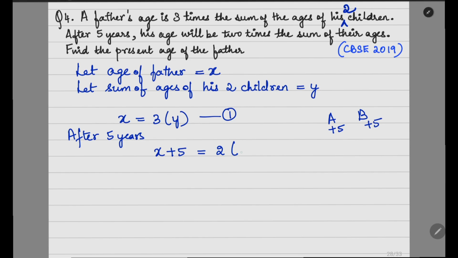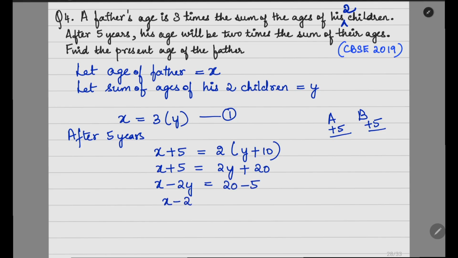So totally the sum of the ages will be Y plus 10. Twice, 2 times the sum of their ages. Now open the bracket, it is X plus 5 is equal to 2Y plus 20. Okay, so you have X minus 2Y equal to 20 minus 5. So X minus 2Y equal to 15.